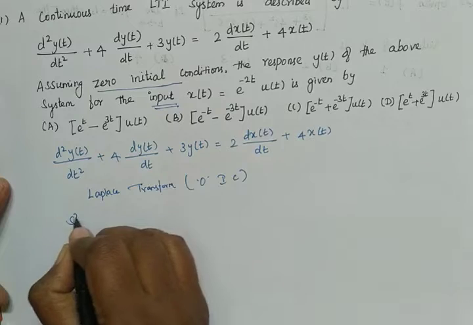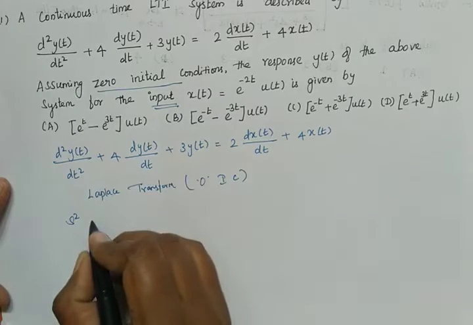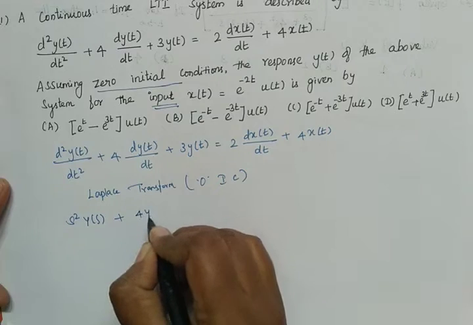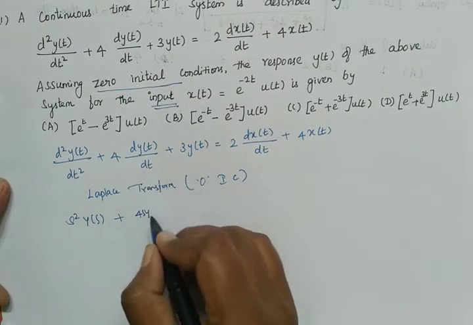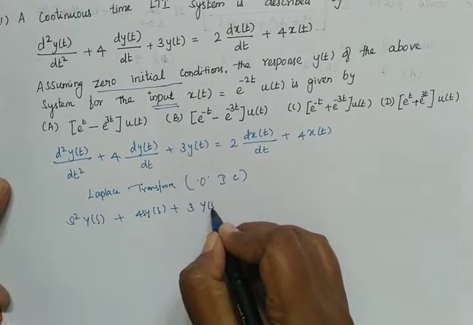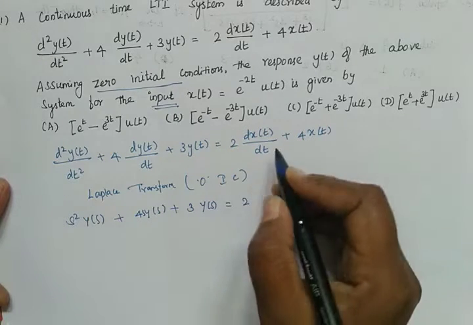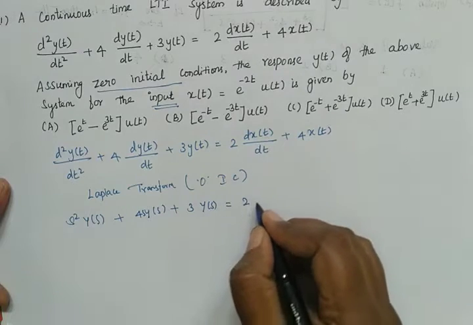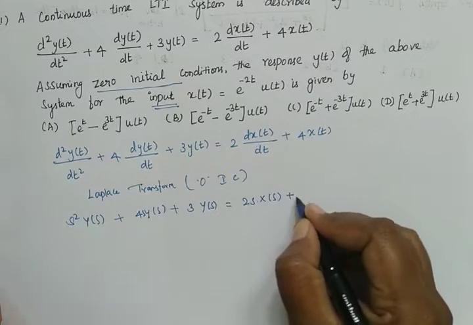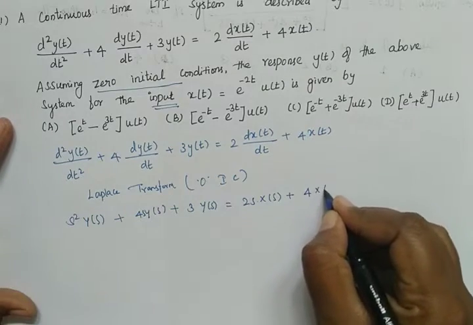Now take Laplace transform for this. So s square y of s plus 4 s into y of s plus 3 y of s, which is equal to 2 into, so here we have dx of t by dt, that is equal to s into x of s, plus 4 into x of s.